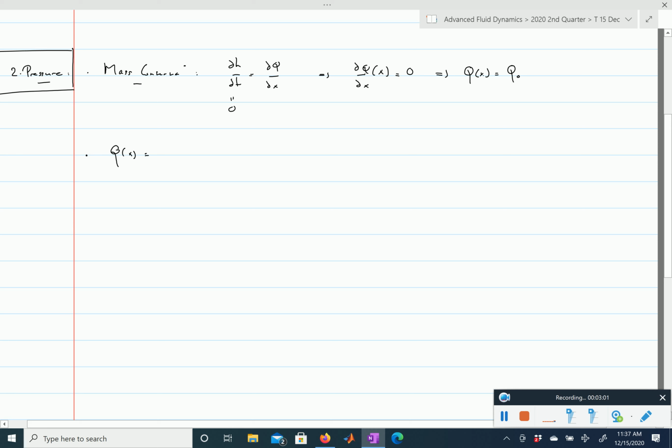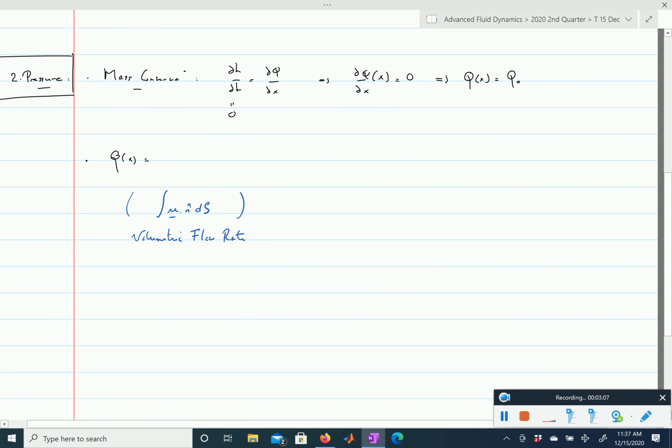And our volumetric flow rate, remember, is always equal to the integral along a surface of u·n dS, the element of volumetric flow rate through surface dS, and if we integrate, then we have the entire volumetric flow rate. Now, our surfaces are cross-sectional surfaces, so they are x equals constant, and that means that our n vector is going to be the unit vector in the x direction.